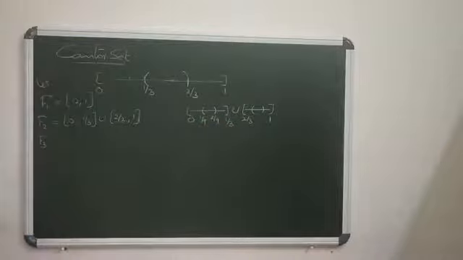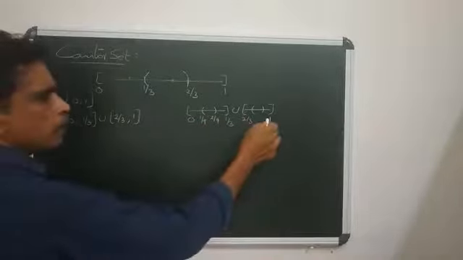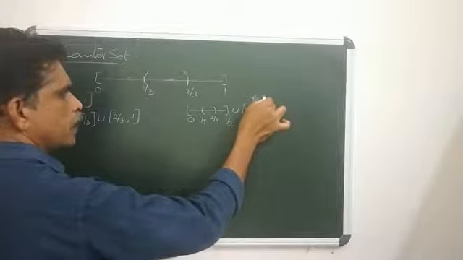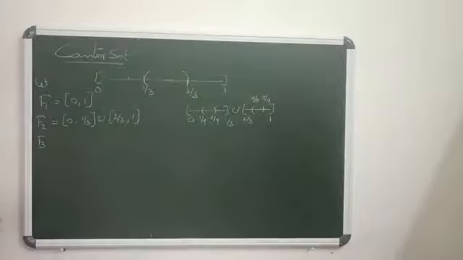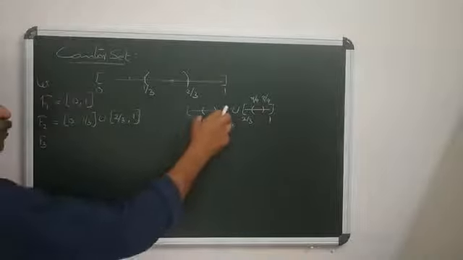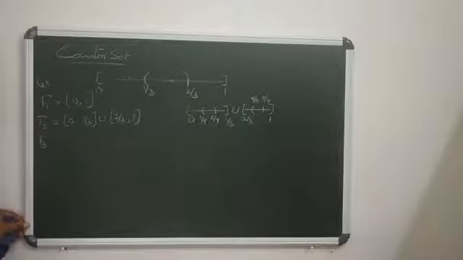And the middle third open interval in 2 by 3, 1 is open interval 7 by 9, 8 by 9. So from here, you can remove these middle third open intervals.